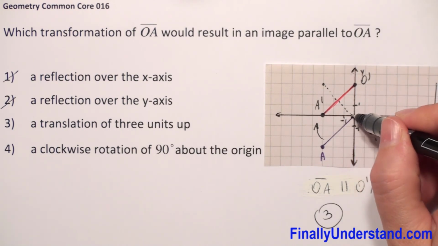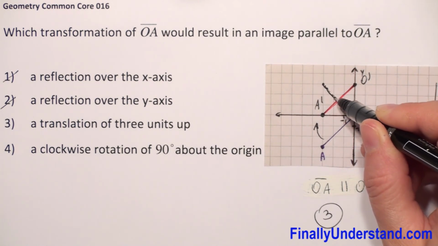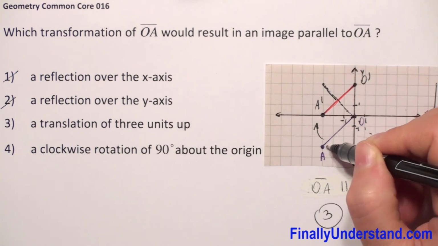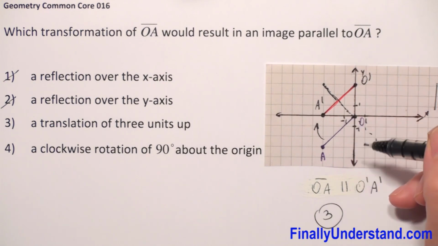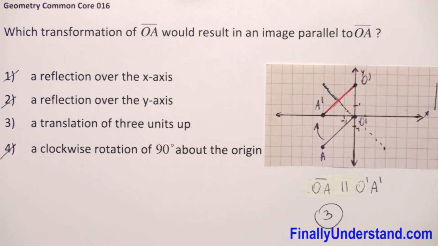So this will be our image of segment OA, and these two segments are not parallel. So the last statement is also not our solution. The solution is the third, translation of 3 units up.